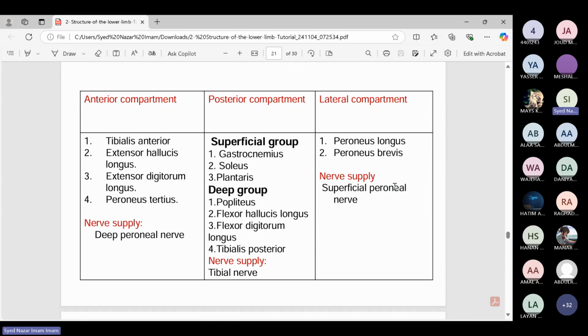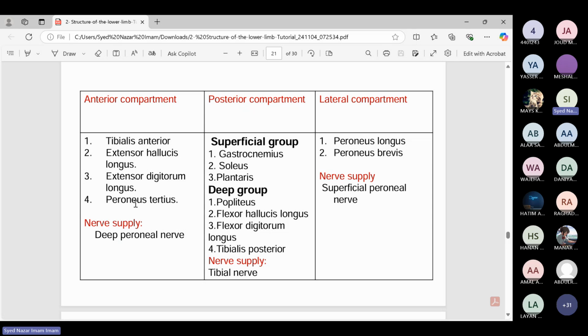Okay. Now let's see the anterior compartment muscles. The one muscle which comes only from the tibia, we call it tibialis anterior. Then we have one muscle going to the big toe. We call it an extensor muscle because all anterior compartment muscles are extensor muscles. We call it extensor hallucis longus. One muscle going to the digits, we call extensor digitorum.